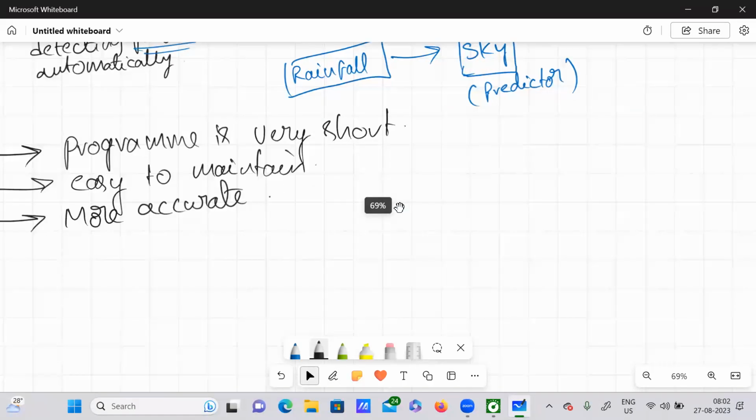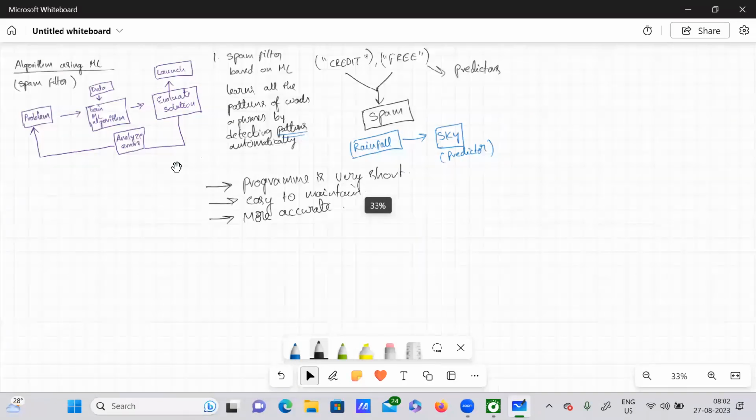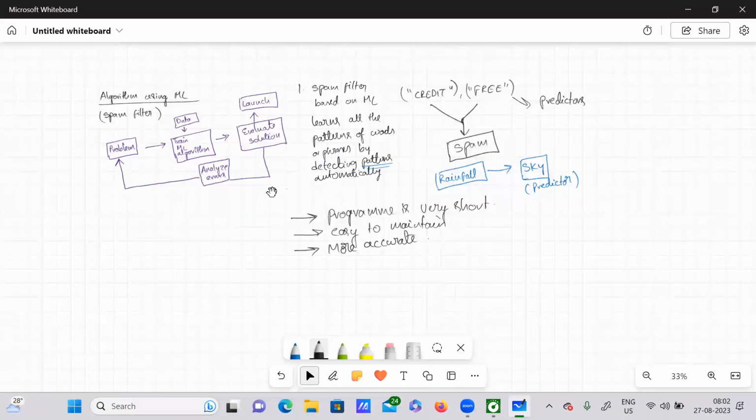Just see, I have explained so many concepts here. I have explained how to write an algorithm using ML, specifically a spam filter. This flowchart is just an overall workflow, and in particular I have explained it by taking the example of a spam filter, as I explained earlier in my video on writing an algorithm using the conventional method.